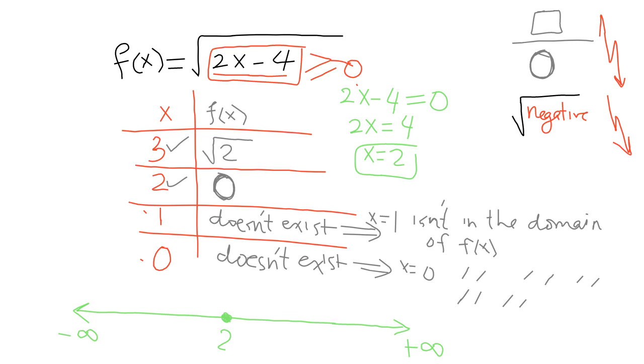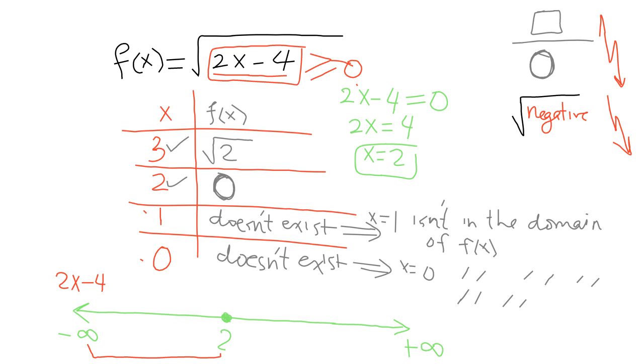Now you are testing the sign of 2x minus 4. Let us see: what is the sign of 2x minus 4 for these values? You give me a value less than 2, between minus infinity and 2.